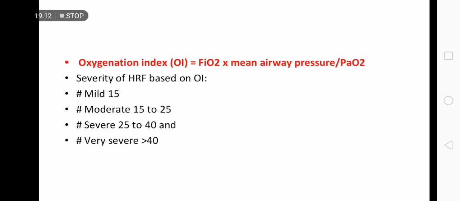It is the FiO2 that the patient needs multiplied by the mean airway pressure across the ventilator, divided by the partial oxygen pressure in the ABG. Severity is categorized according to the results as very severe, which is more than 40, severe 25 to 40, moderate 15 to 25, and mild below 15.